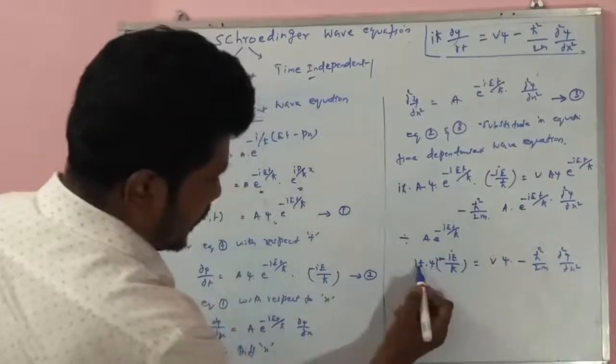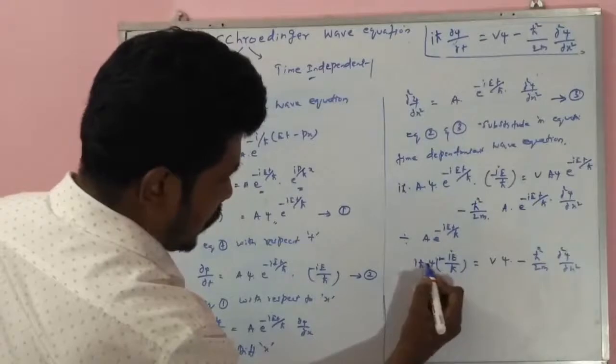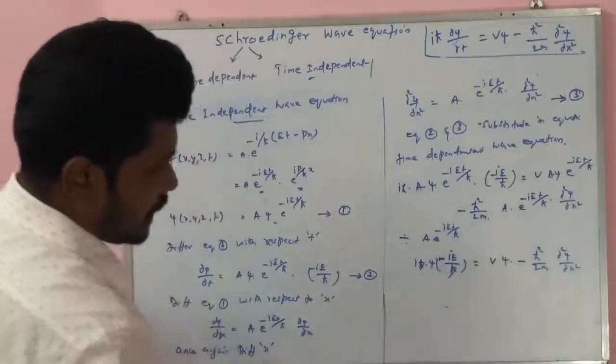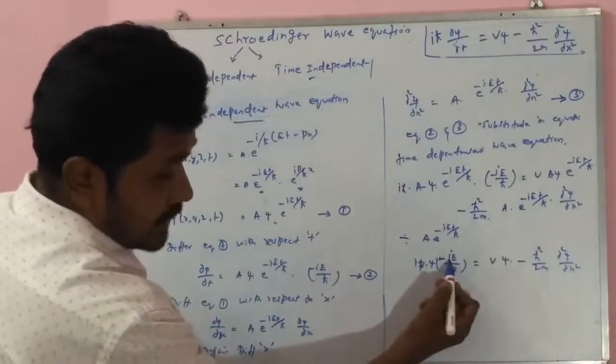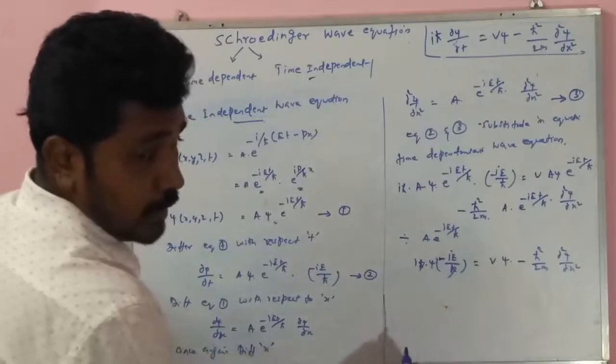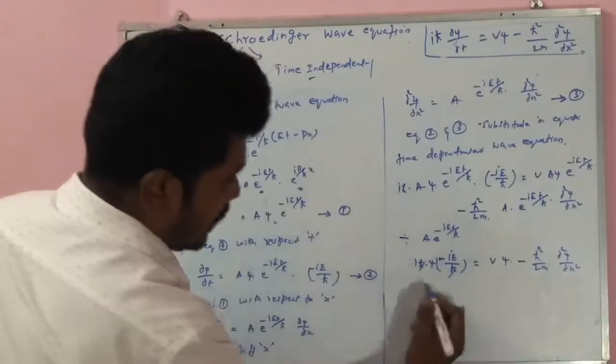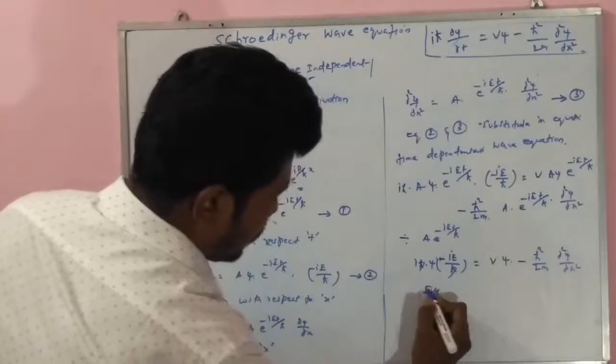The ħ cancels. At the same time, i into minus i gives minus i², and minus i² is equal to plus 1. So that is the value Eψ.